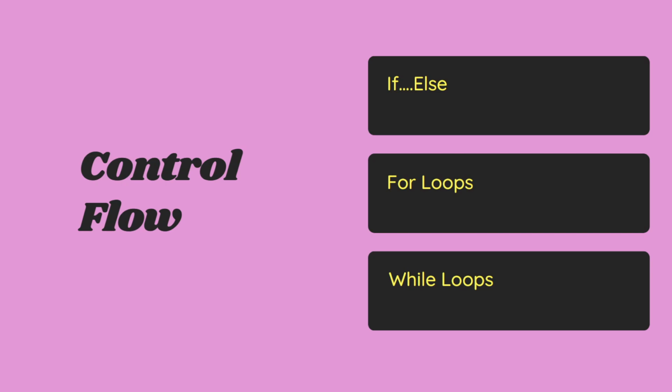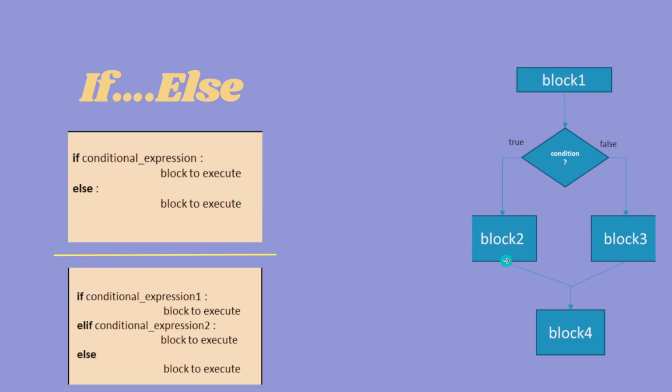So first we'll go to if else. As the name suggests, what if x is equal to y, and there will be a set of execution statements, and else will have some set of statements to execute. If you see in the diagram, block 1 will have some set of statements, and in between there will be a condition.